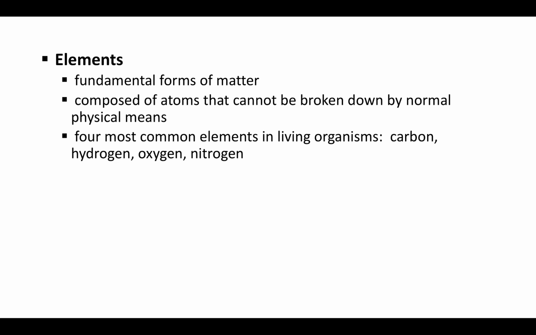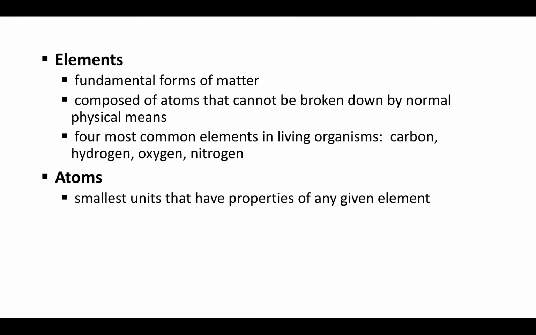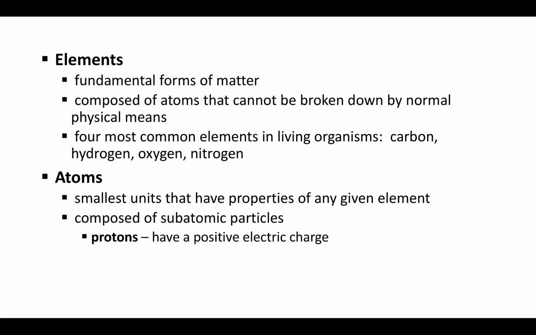Okay, we also need to define what the atom is. So atoms are the smallest units that have properties of any given element. And they are going to be composed of what we refer to as subatomic particles. So within that, you're going to have protons.